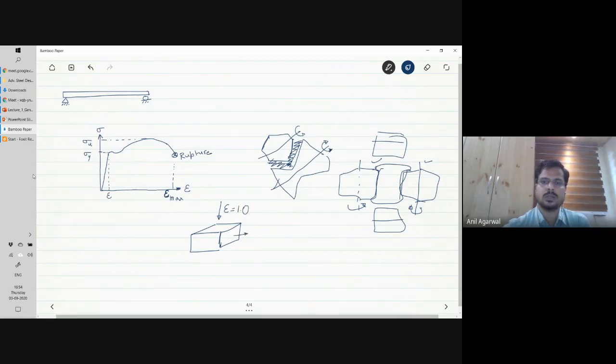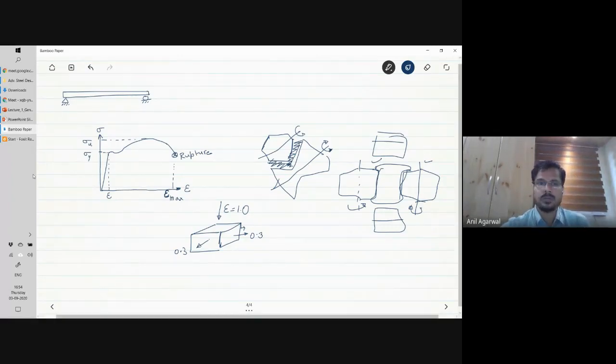If it moves by 1 in the vertical direction, then in the two horizontal directions the sample will deform. It will shorten in this direction, but it will elongate in this direction, correct? How much that elongation will be is governed by the Poisson's ratio. If the Poisson's ratio is 0.3, that means if you push it by 1.0 here, then it will move out by 0.3 in both these directions. Now if you calculate the revised volume, you will see that there is a volume reduction.